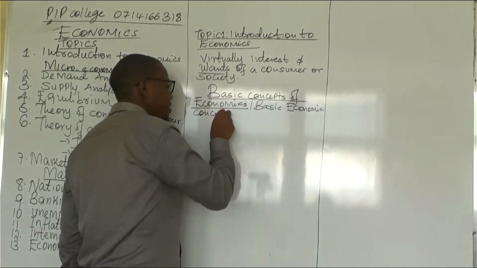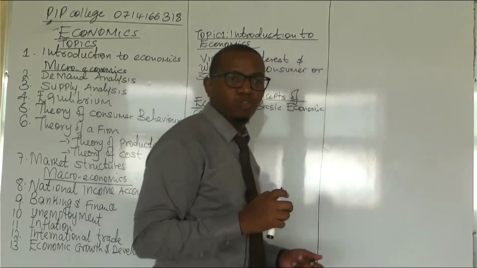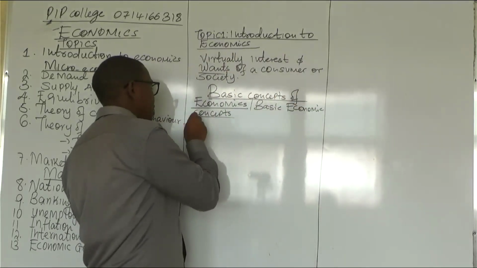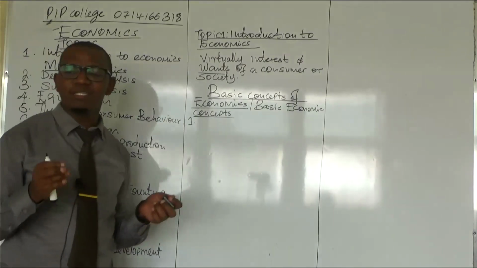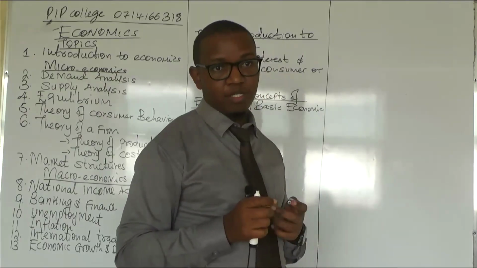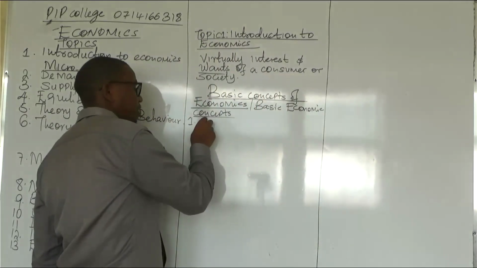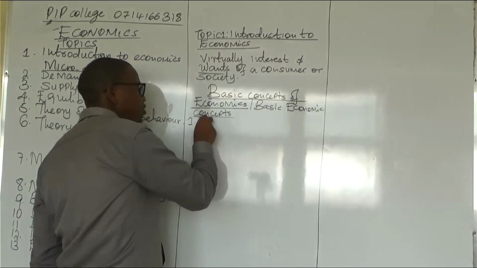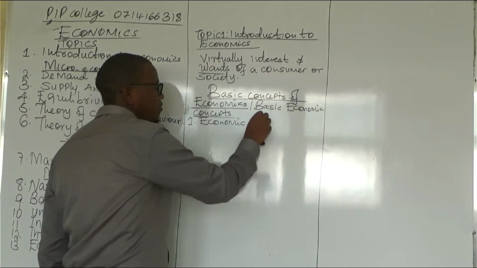Now, on the basic economic concepts here, we'll first be able to understand one of it. Basically, what I mean in this case, these are mainly the elements of economics. The basic economic concepts or elements of economics, here we'll be talking about what we call an economic resource.